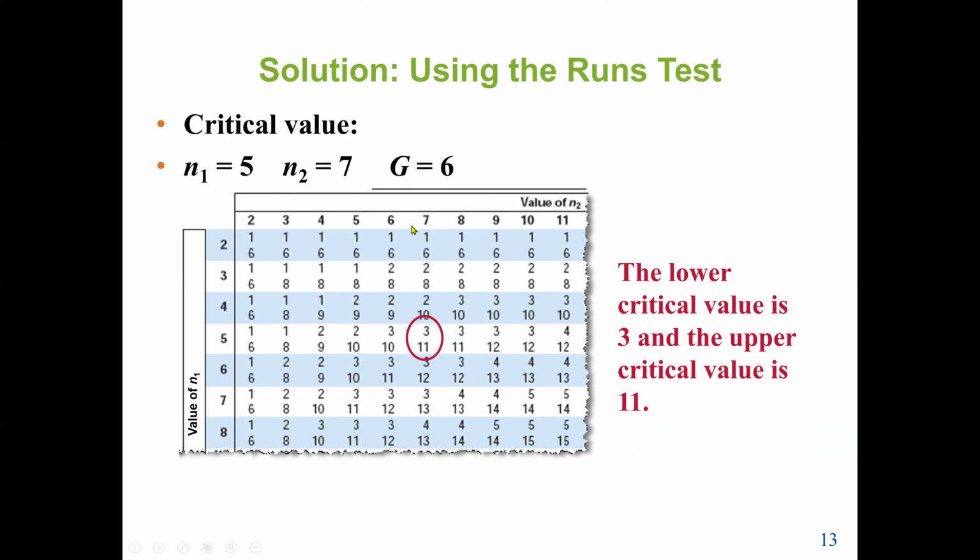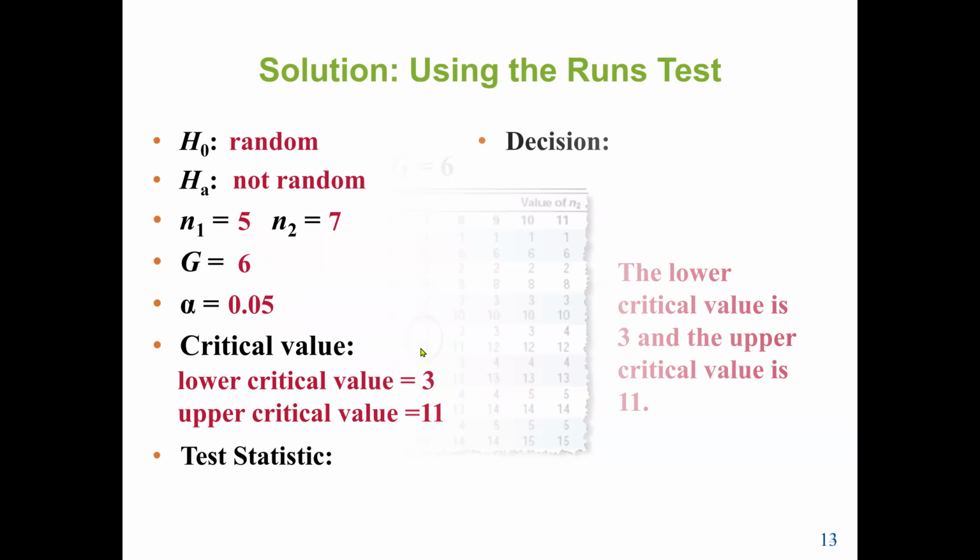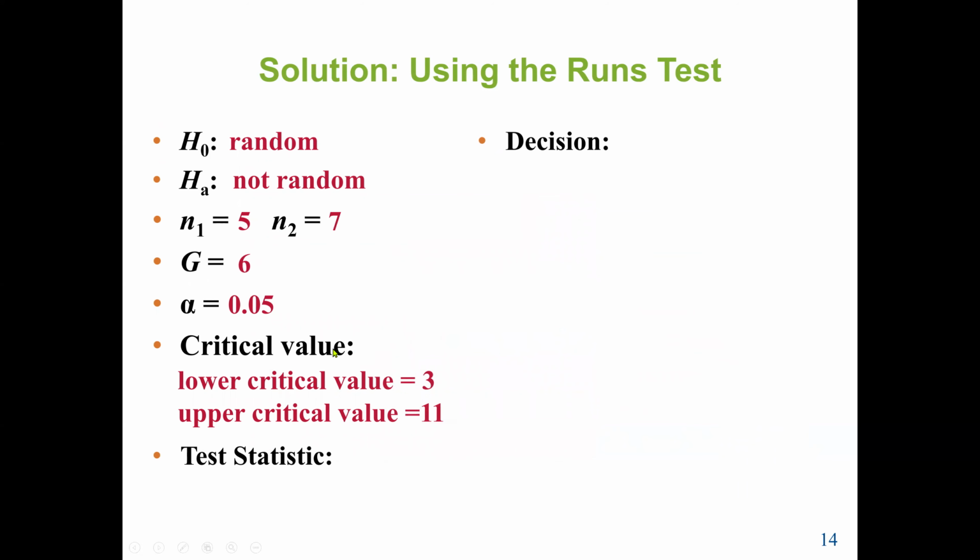So 5 and 7 give us 3 and 11. So the lower critical value is 3 and the upper critical value is 11.